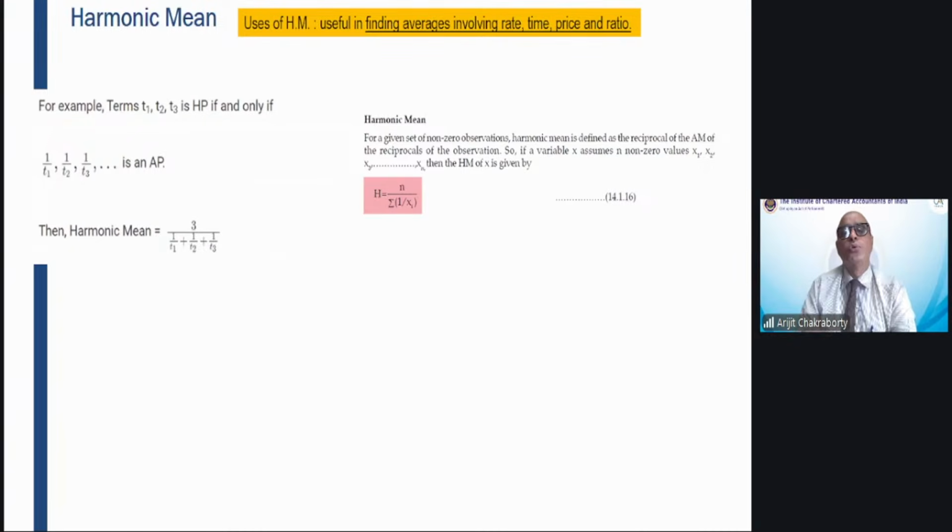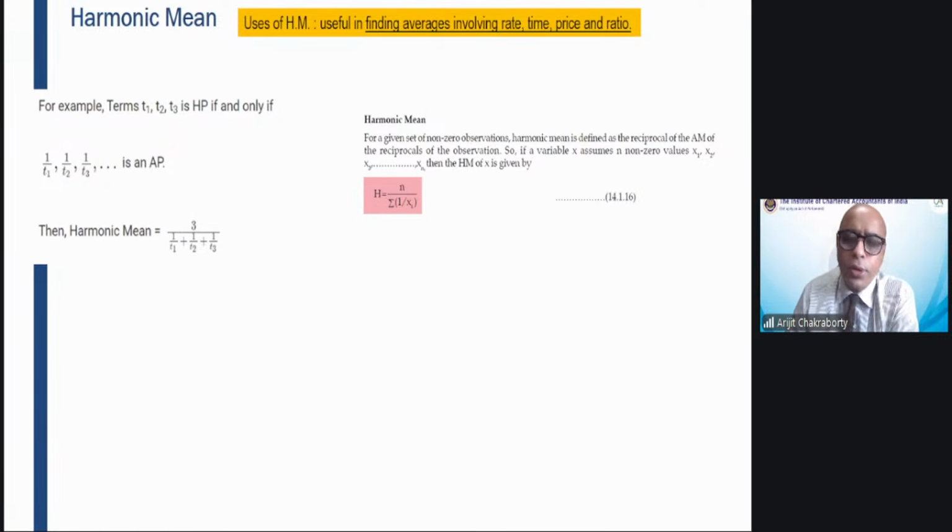Now with this, we move to the last important parameter or measure of central tendency, and that is harmonic mean. So harmonic mean has specific applications. In which areas or in which type of problems should we apply harmonic mean?